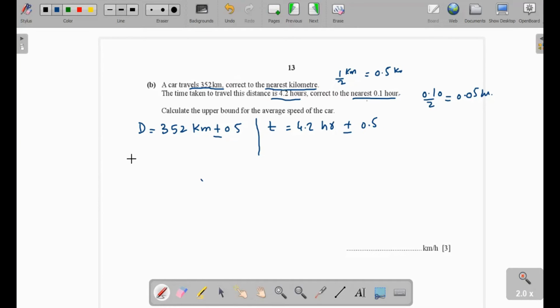The minimum distance is 351.5 and the upper bound is 352 plus 0.5, that is 352.5.